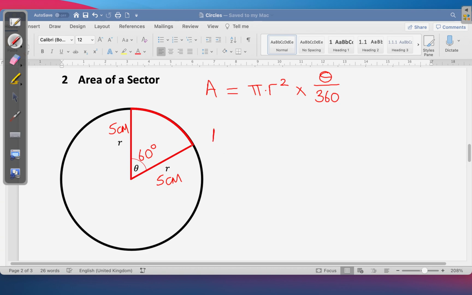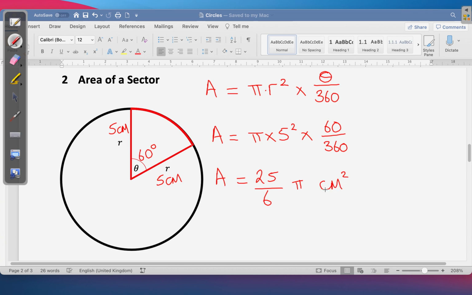So the area is equal to pi times the radius, which is 5 squared, times 60 out of 360. Now again we do 5 squared, which is 25, and then 60 divided by 360 is a sixth, so 25 out of 6 times pi, and this is going to be centimetres squared.